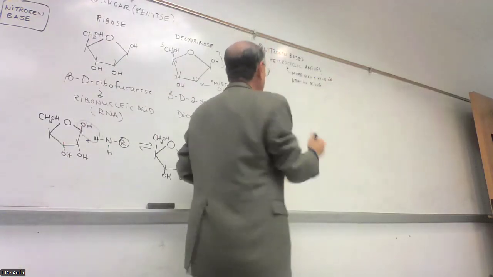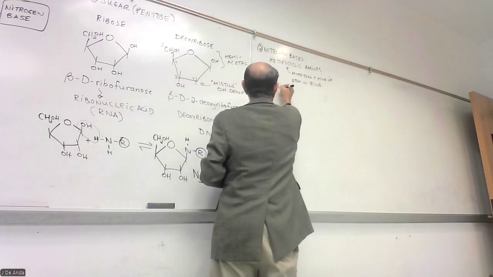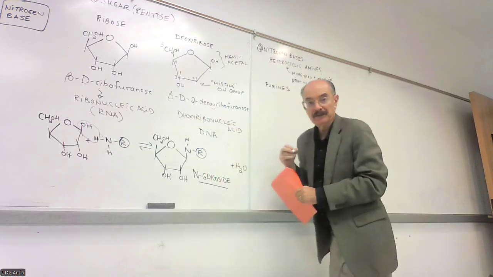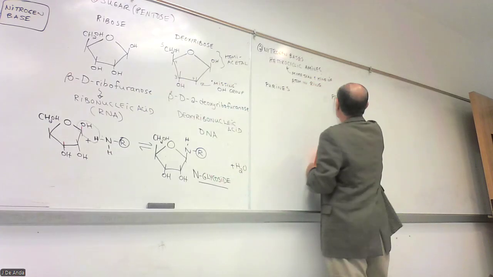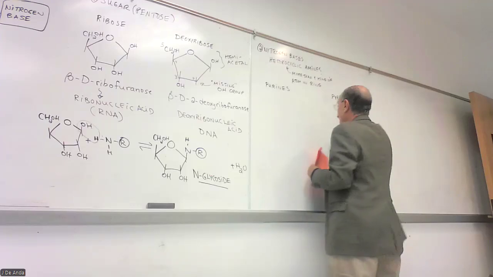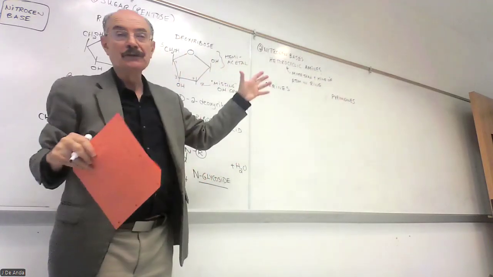So we have 2 kinds of these. One of them is called purines. The other ones are called pyrimidines. I'm not going to make you memorize the structures, okay?